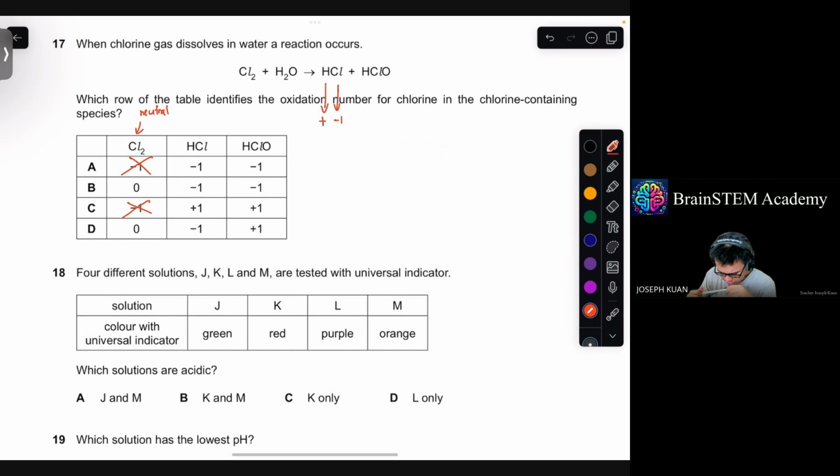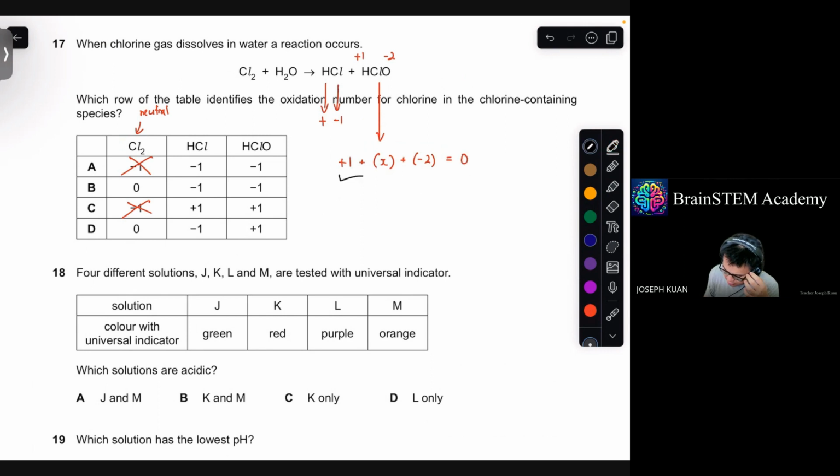So the answer, we need to figure out the last one anyway. So this thing, HClO, what is the oxidation number of chlorine in this case? Now, hydrogen usually exhibits +1, and oxygen usually exhibits -2 due to its position at group 6. So in this case, in order to make a neutral particle, if we were to make an equation out of this, it will look like this.